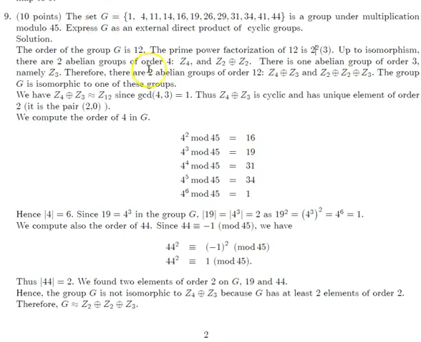So our group G is isomorphic to one of these two groups, and we determine which one by computing orders of elements. Z4 plus Z3 is isomorphic to Z12, the product of 4 and 3, because the GCD of 4 and 3 is 1.